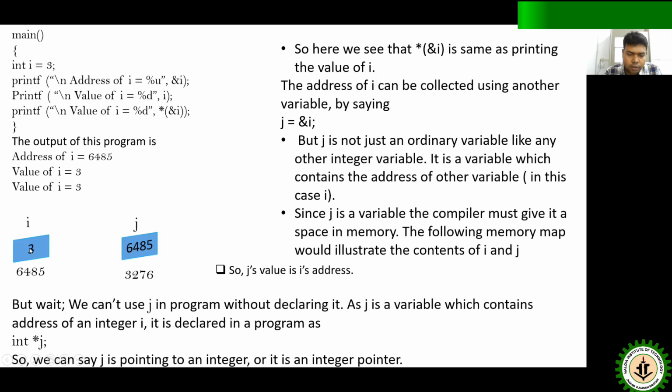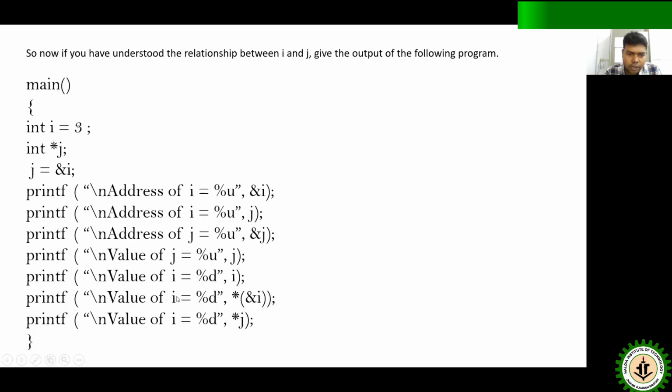So for this line, we'll get I's value. This is how we can use the address-of and value-at-address operators.